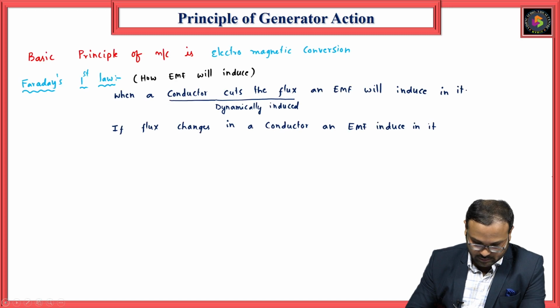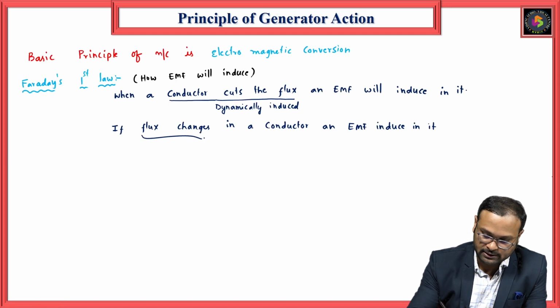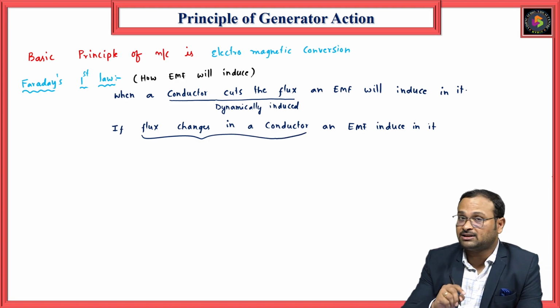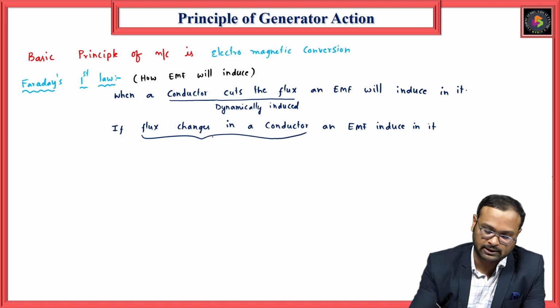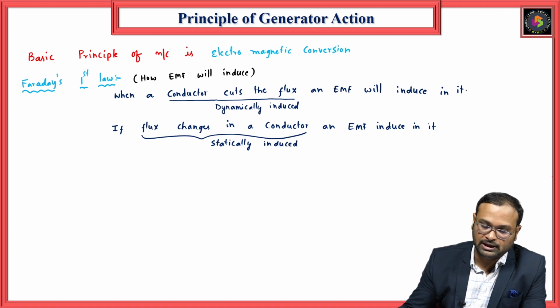Here, if you observe, the flux is changing. This is known as statically induced EMF. The conductor is at a static position and the flux changes in that conductor. This is statically induced.